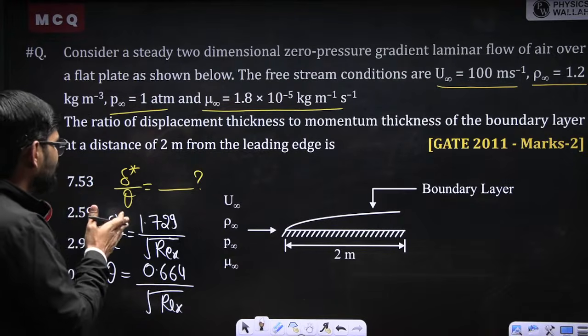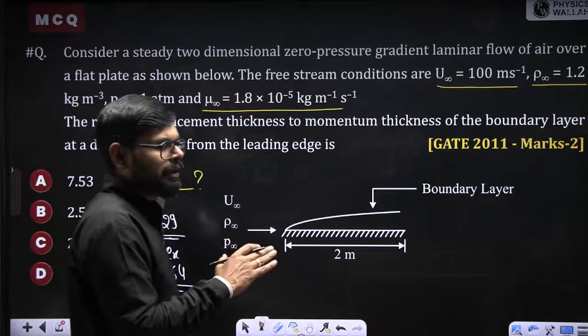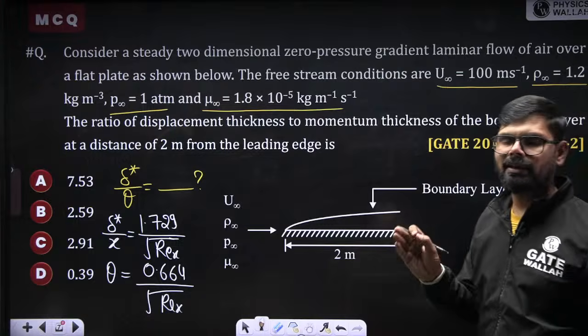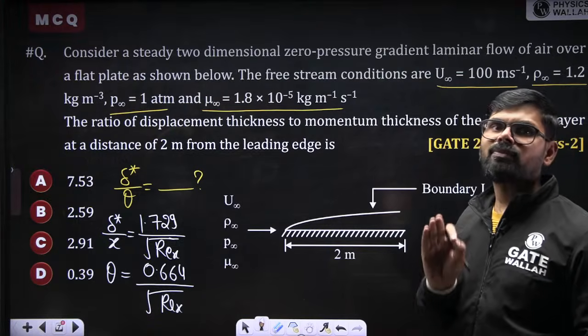Now they are asking the ratio at the same point, all other conditions also the same. So the Reynolds number is going to be the same at the given condition and given location.